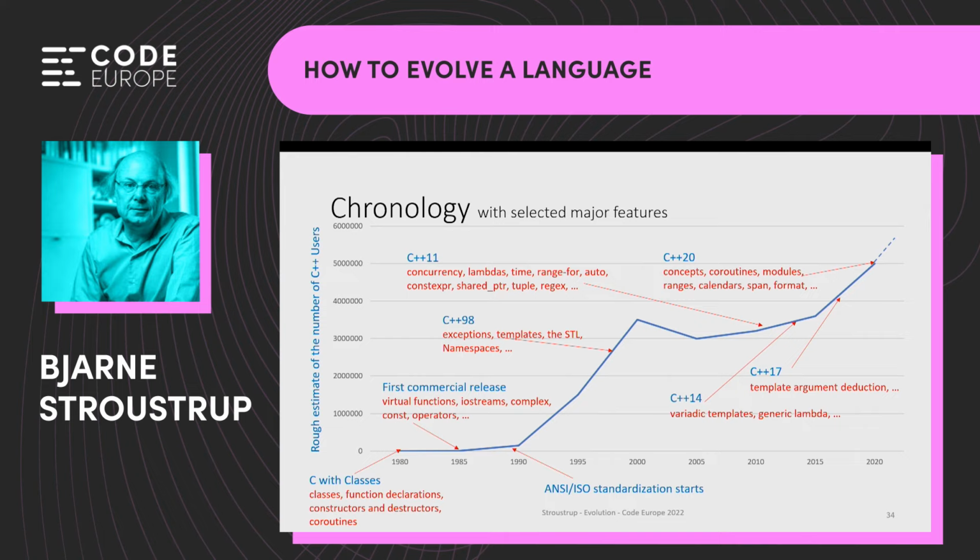But the C++ community is huge. It is mostly industrial. There are many independent tools, many independent compilers, many independent libraries. This makes it really hard to get people to agree to something, and it is a problem for users.